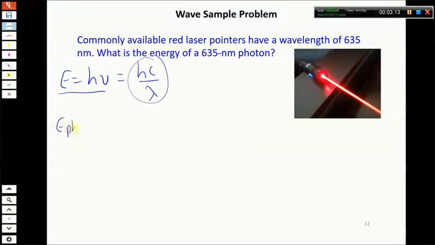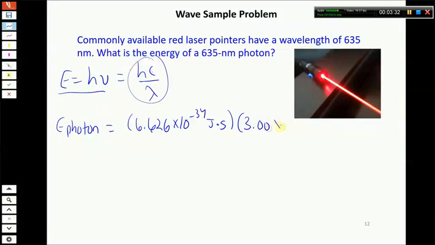So for the energy of the photon, we just start plugging things in. Planck's constant is also on your periodic table. That's h, 6.626 times 10 to the minus 34, and the units on that are weird, joules times second. Speed of light, c, still the same constant, 3 times 10 to the 8th.